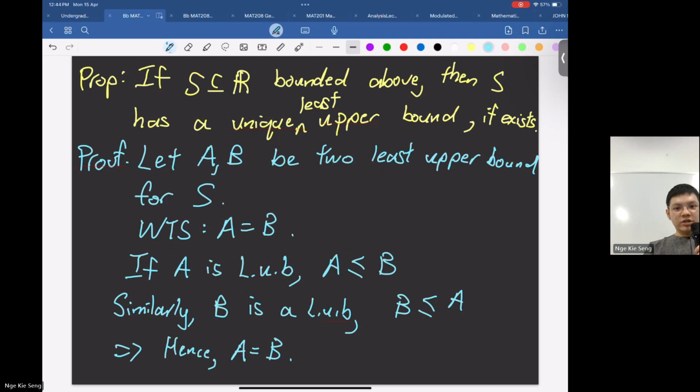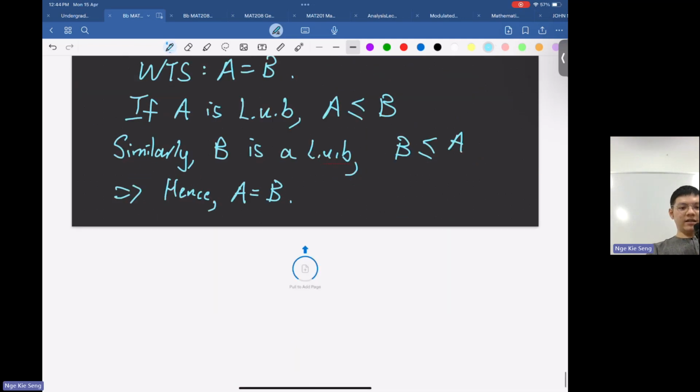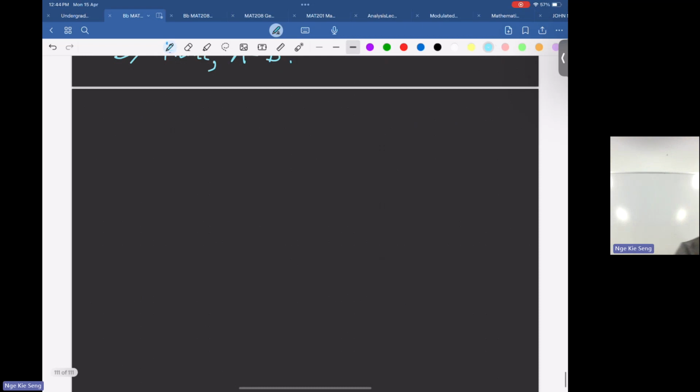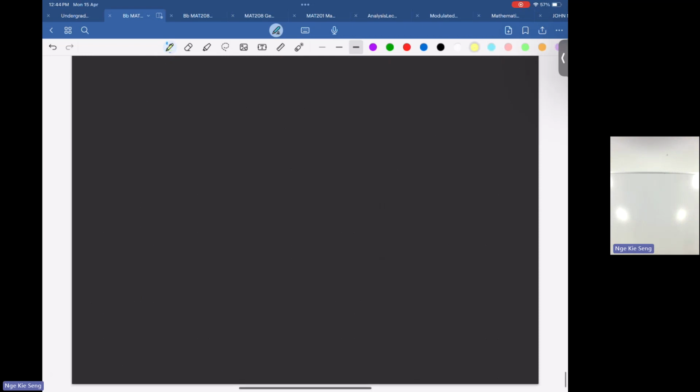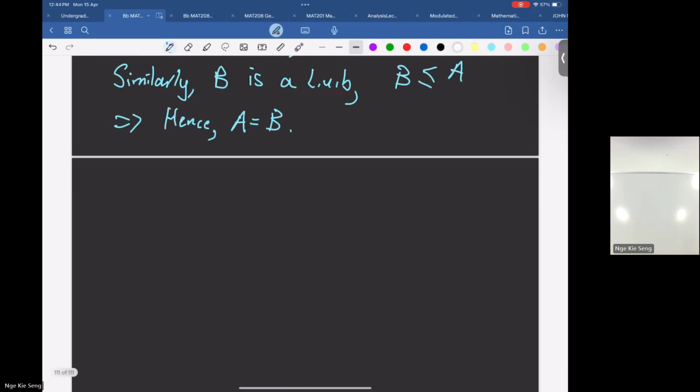Finally we come to the axiom that Barry mentioned just now. We call this the completeness axiom, or the least upper bound axiom.